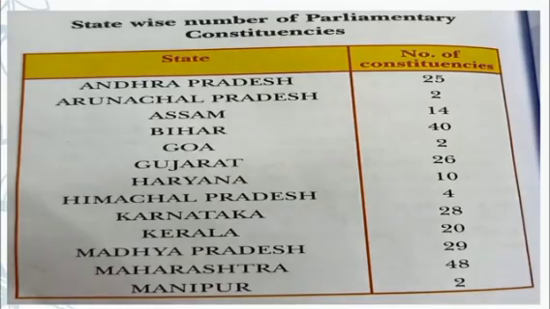Students, finally we are going to see state-wise number of parliamentary constituencies. In this tabular column, we can see state and number of constituencies. First, in Andhra Pradesh state, there are 25 constituencies. In Arunachal Pradesh 2, Assam 14.